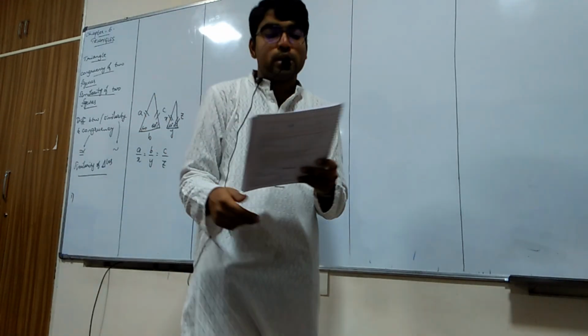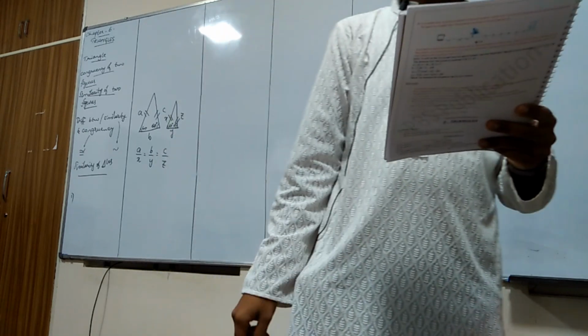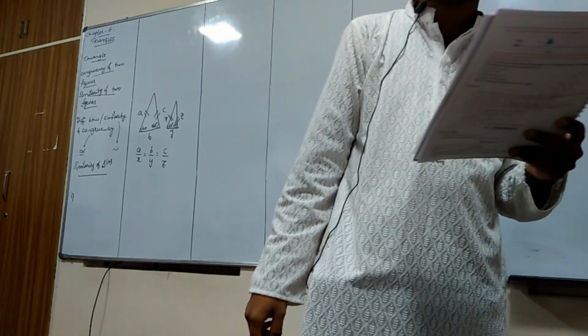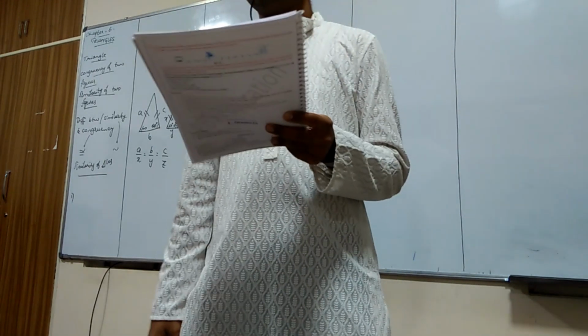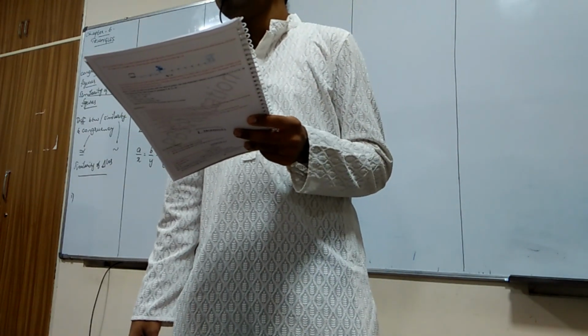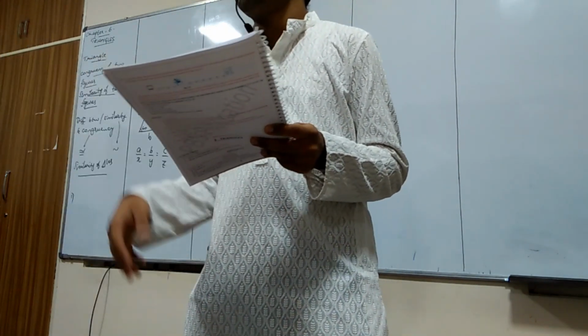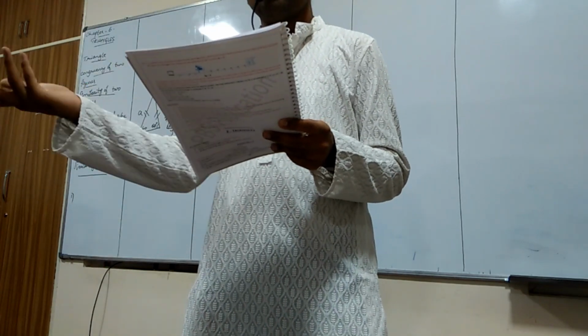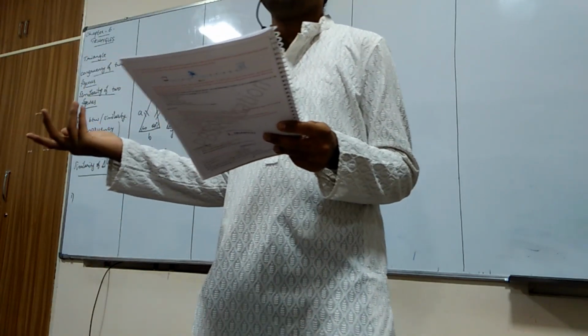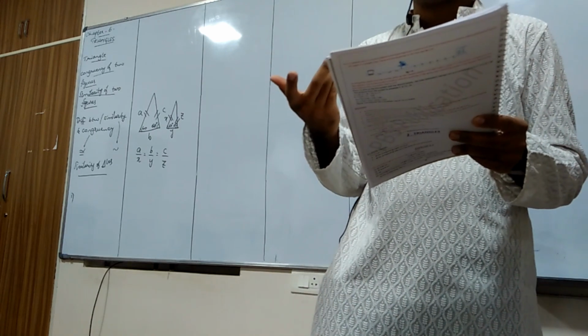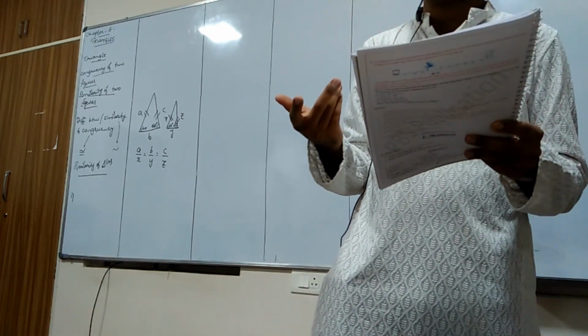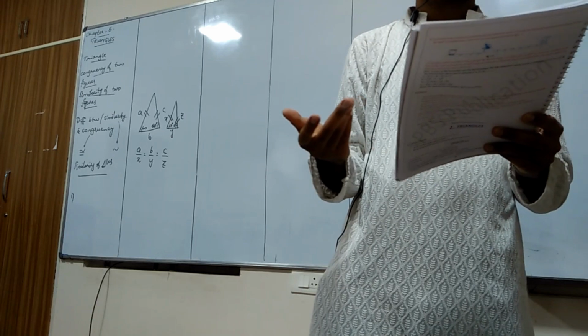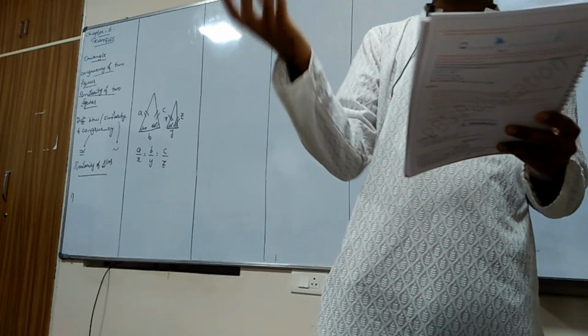Come to the second question. Give two different examples of pairs of similar figures. A pair of squares, a pair of circles. You can give those, since in the previous question you said all circles are similar and all squares are similar.